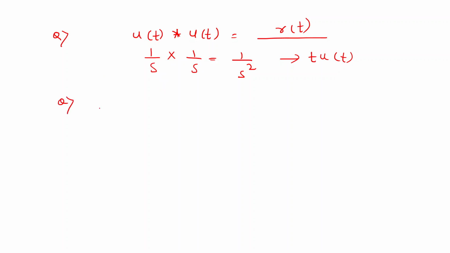Okay, sir. Similarly, if I say e to the power minus at u of t, convolution of e to the power minus at u of t, then what is the answer, sir?